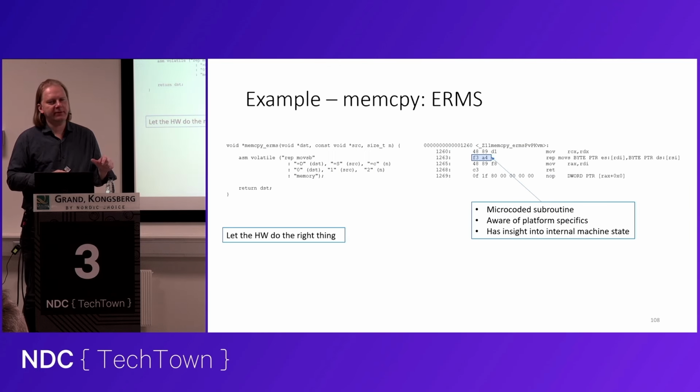from a software perspective, you certainly cannot have full visibility into the platform state, right? How the source is aligned, how the destination is aligned, what is the cost of the current memory operations. You don't have visibility into the memory hierarchy, content and operation.